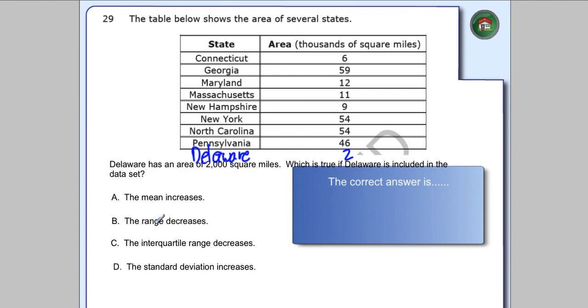So let's think about subtracting the largest from the smallest. Would the range decrease or increase? In that case, it would increase. We can kind of logically think about that. The interquartile range decreases and the standard deviation increases. So you probably have a guess now. I think A and B are easily eliminated.